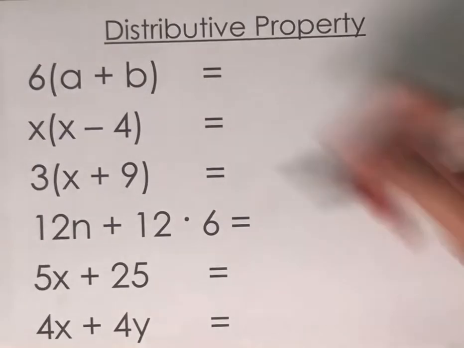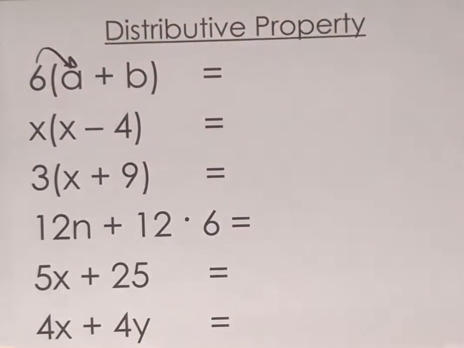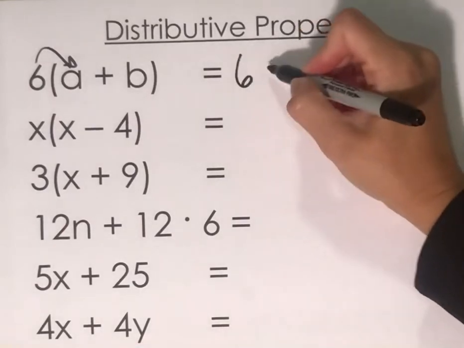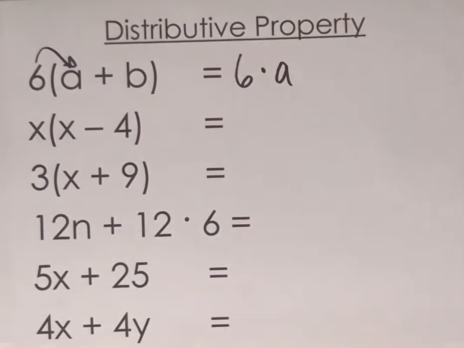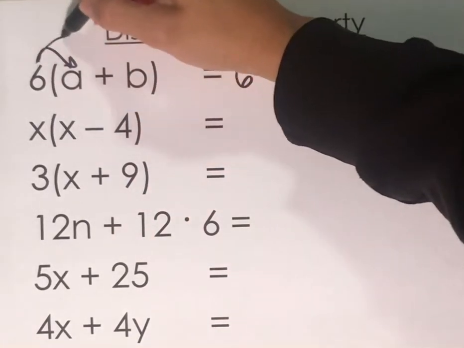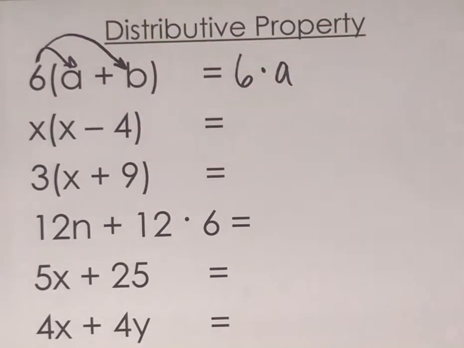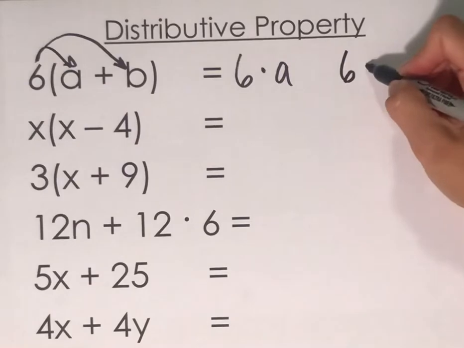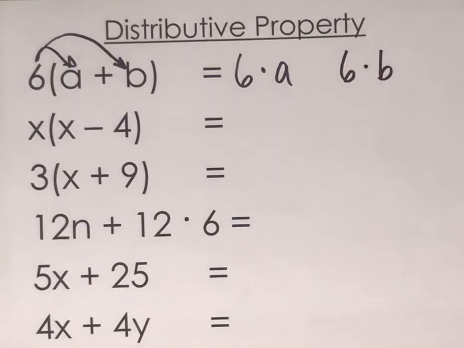So the first thing we're going to do is multiply that 6 by the a, because remember that means to multiply. So that would be 6 times a, because I don't know what a is, so we just write a, okay? Next, we do the same thing. We're going to distribute that 6 now to the b, and we're still multiplying because of that parentheses. So we're going to do 6 times b now, okay?